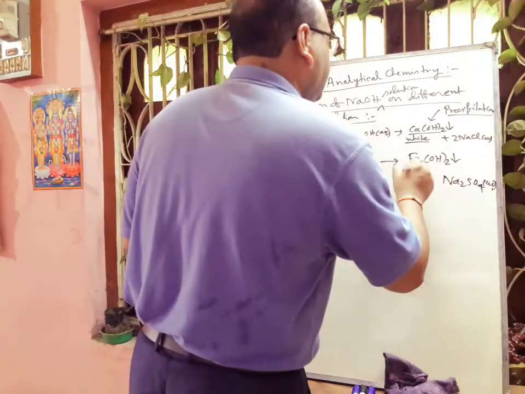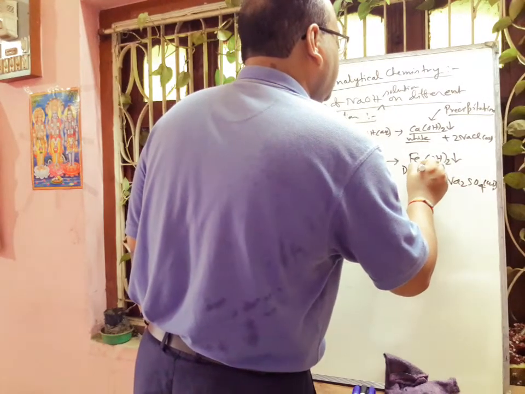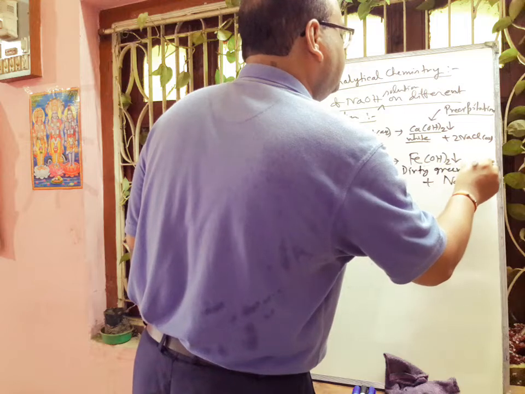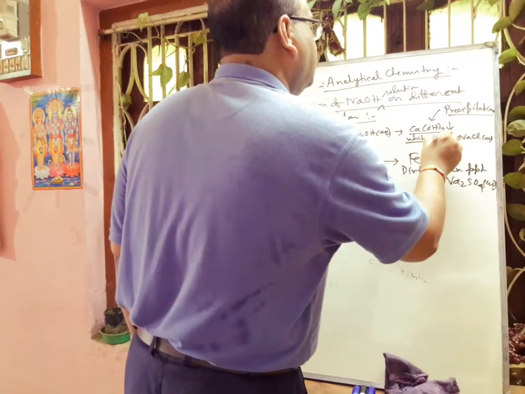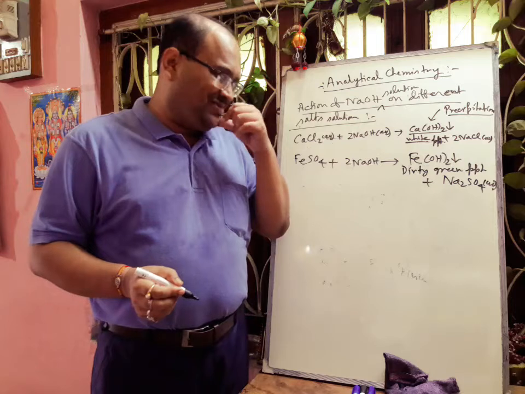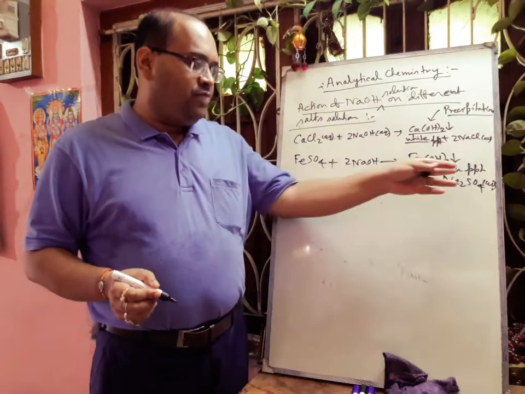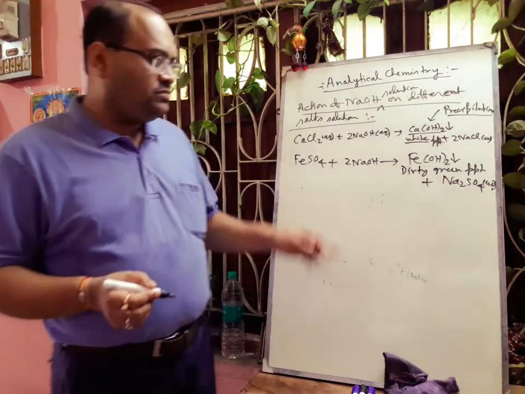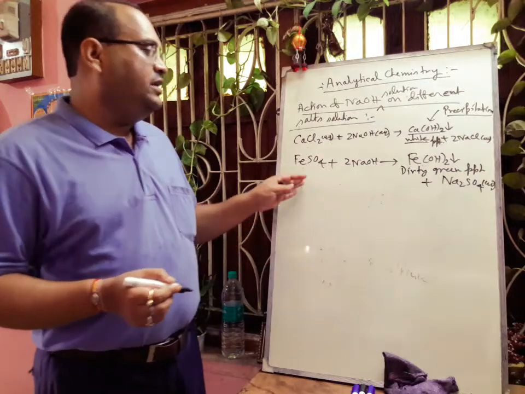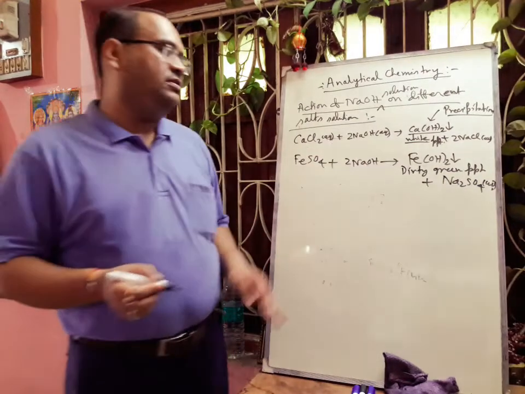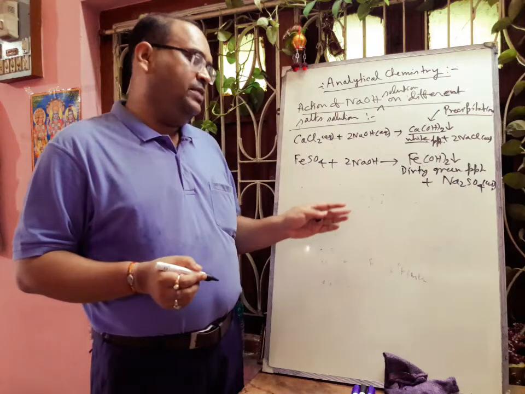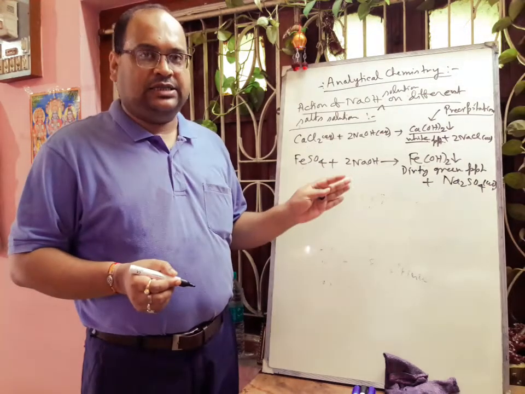Its color will be dirty green PPT. The abbreviation for precipitation is PPT. Now, in case of ferrous hydroxide, if we add excess sodium hydroxide, it will remain insoluble. There will be no change. So that you have to understand.